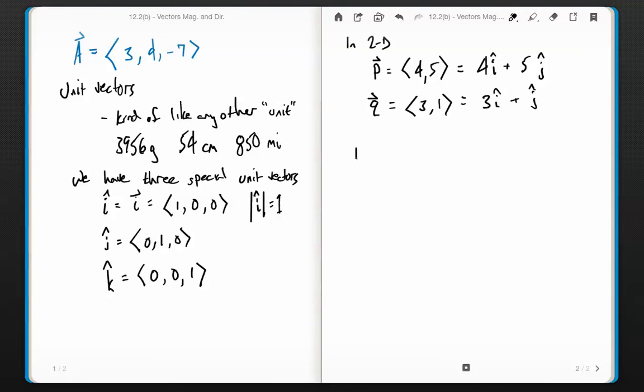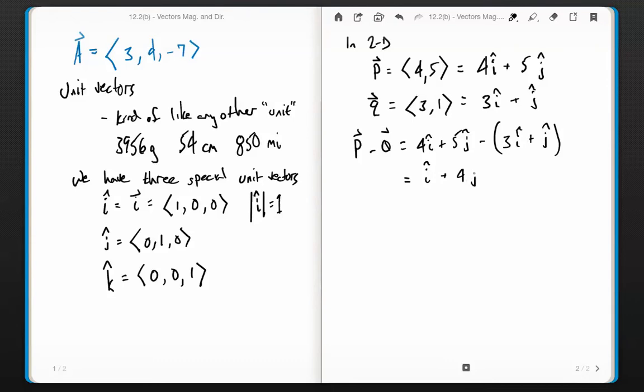So if I wanted to do P minus Q, that equals 4i plus 5j minus the entire vector 3i plus j. We'll just collect the like terms, right? 4i minus 3i, that's just i. And then 5j minus j is 4j.